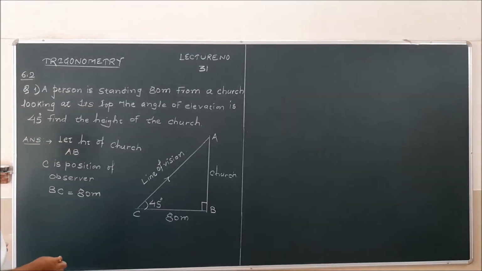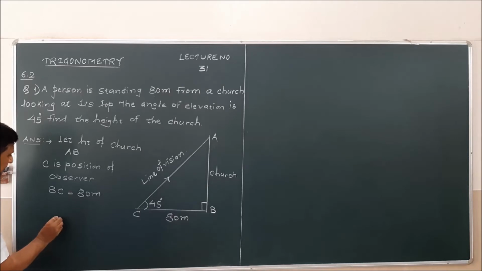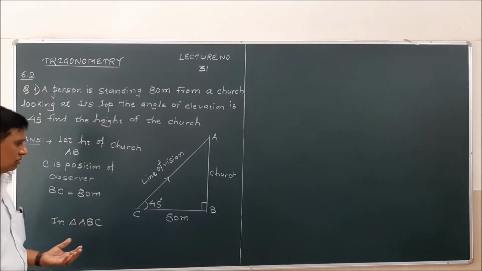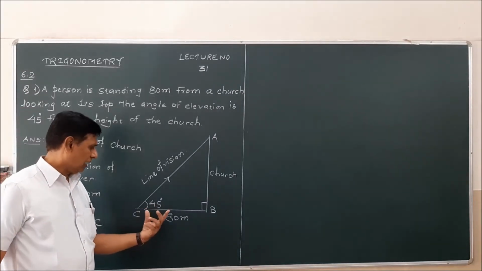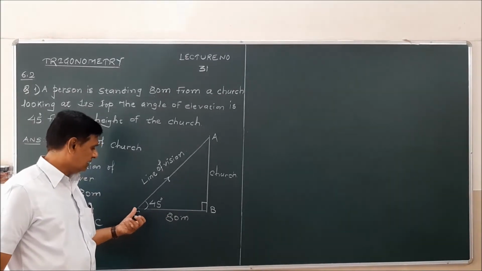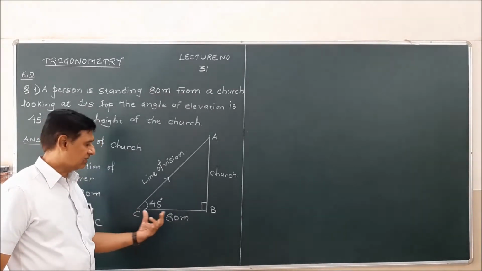So you will find, I can say over here that in triangle ABC, what do we know? We know the adjacent side from point C, that is BC.